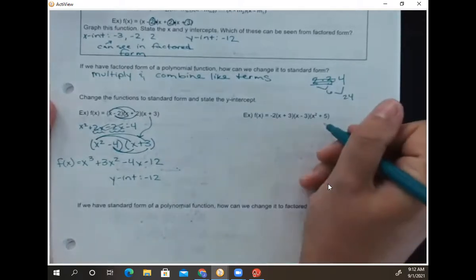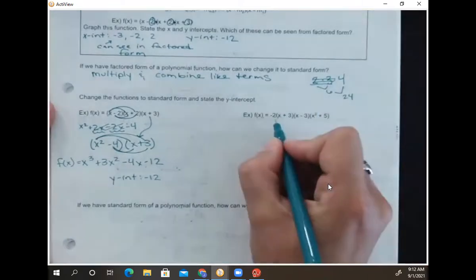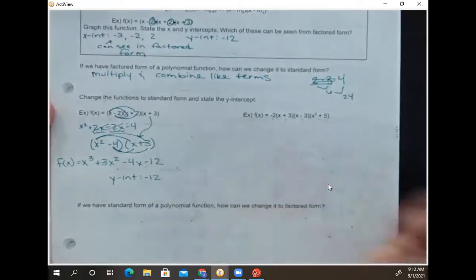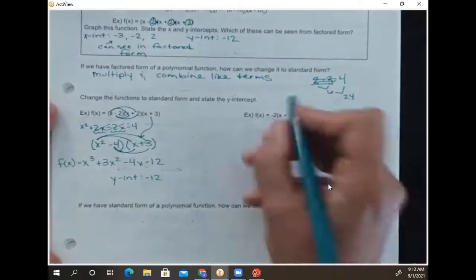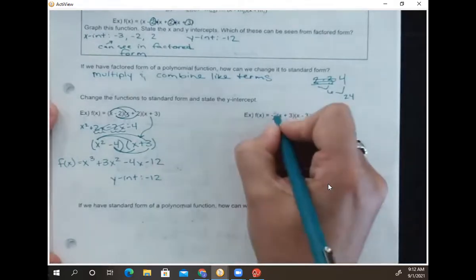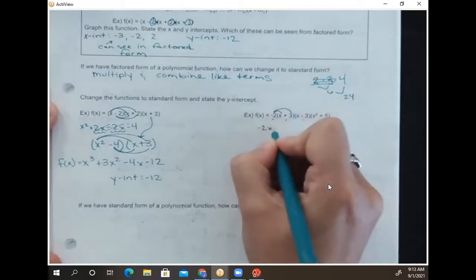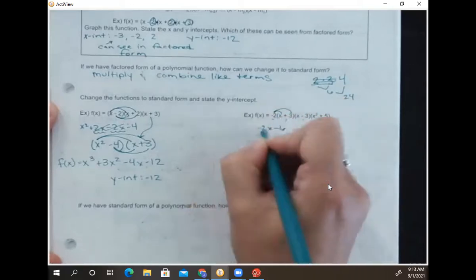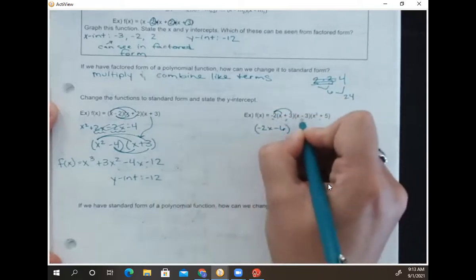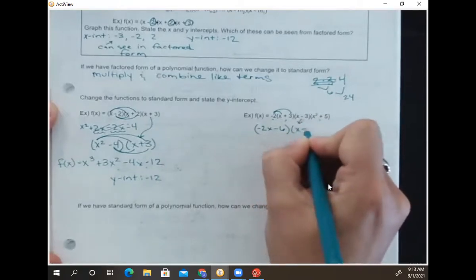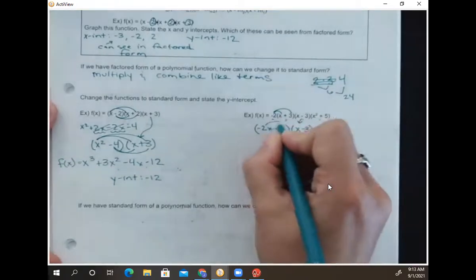And then we're going to do the same thing with this next function. Now here I have 1, 2, 3, 4 things to multiply. That's okay, I'm going to treat it the same way. So I'm going to start by multiplying the first 2 things. So -2x minus 6. Now I'm going to multiply this by the next thing in my list. And again, distribute.